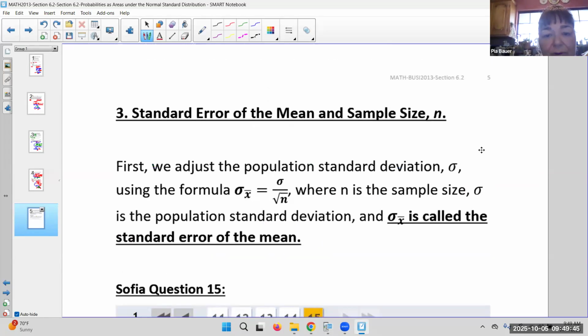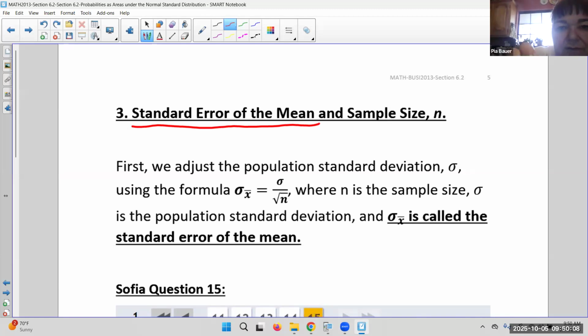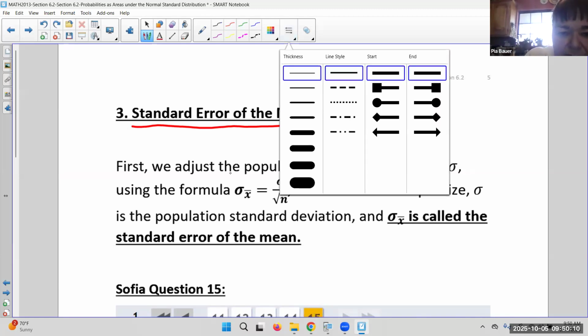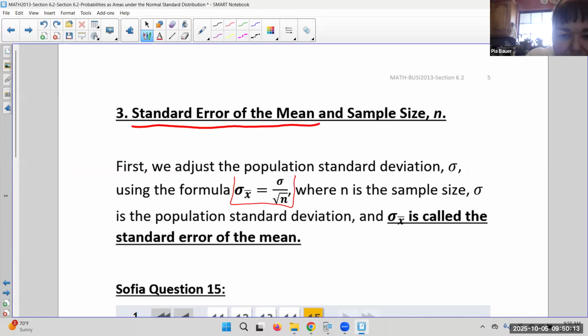First of all, I want to remind you that the standard error is this formula that we have been using to adjust our population standard deviation. This is what they call the standard error of the mean, this little formula here. It takes the population standard deviation sigma divided by the square root of the sample size.